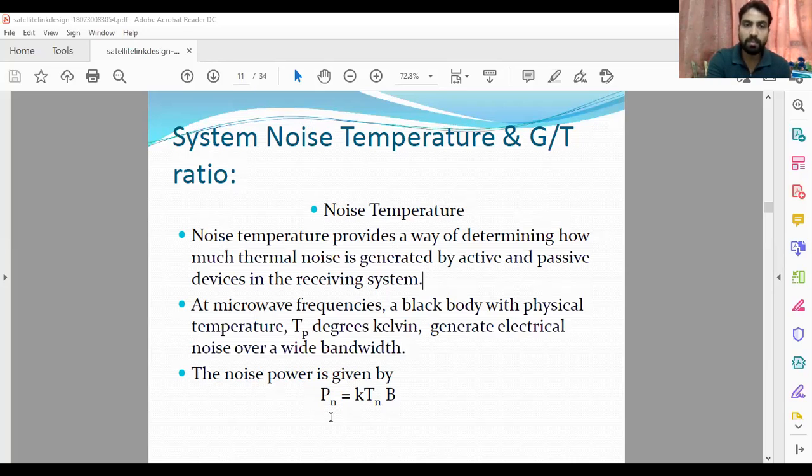That noise can be calculated as a power. If it has a certain temperature, it can be related with the Boltzmann constant and calculated directly. If a receiver's temperature is a bit high, then with respect to that noise temperature one can easily get the power of noise being created.